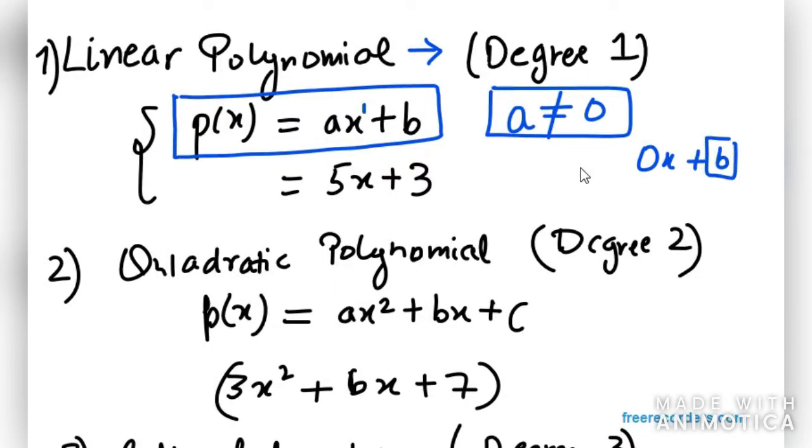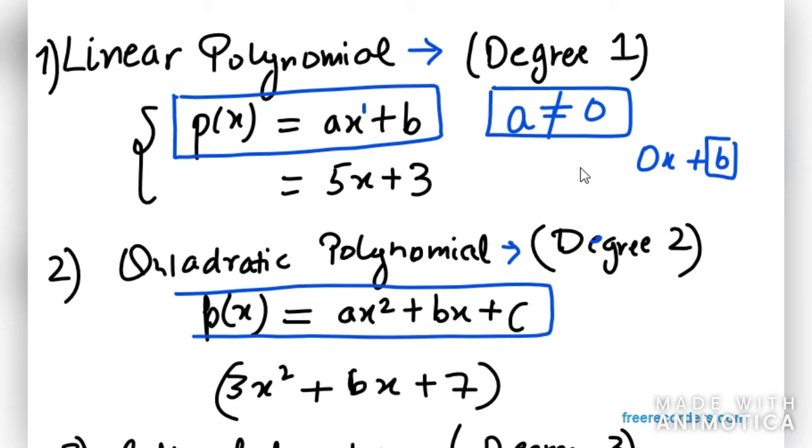Now the next is the quadratic polynomial. A quadratic polynomial has a degree 2. Again we have a general equation, p(x) = ax^2 + bx + c. In this case we cannot have a as 0. Why?